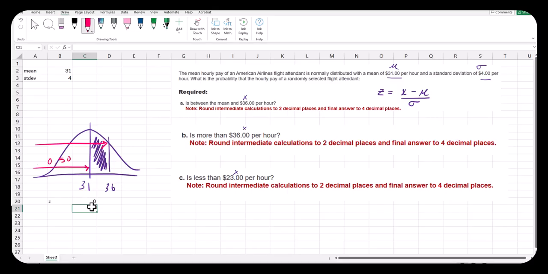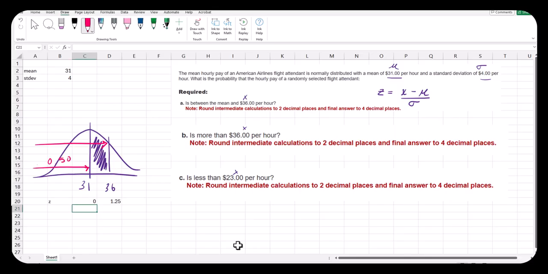Well, let me find this z-score, which is my x, which is 36, minus my mean, divided by my standard deviation, which is 4, and I get this value. So those are just the z-scores. From the z-scores now, I need to figure out the actual area. And to do that, let's just do this one for fun.